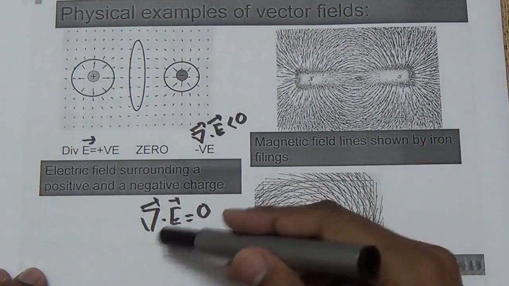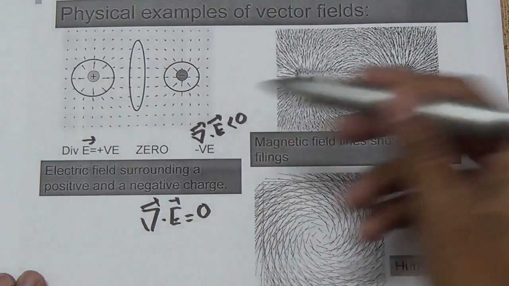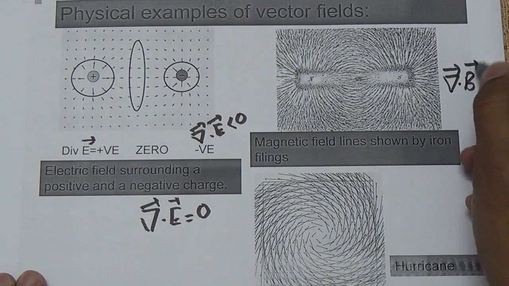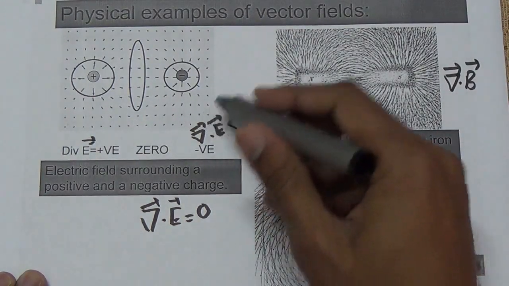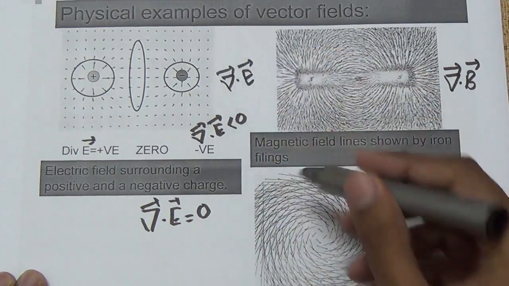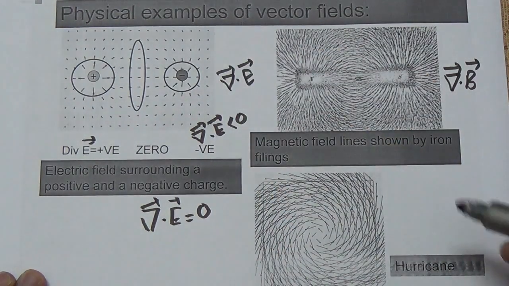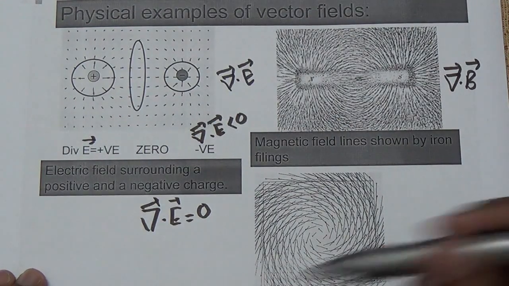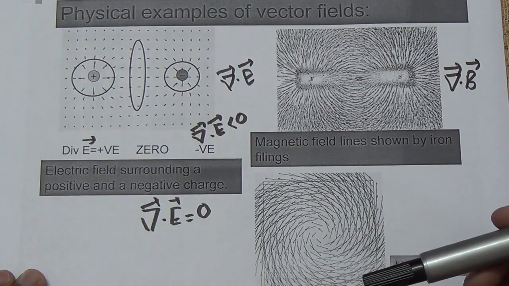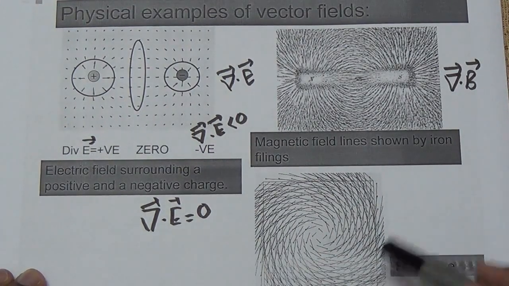We can use this divergence for the electric field or the magnetic field. Divergence of B. Here, divergence of E. So with the help of divergence, we can measure the magnitude and the nature of the field: whether this electric flux is outward, inward, or what type it is.